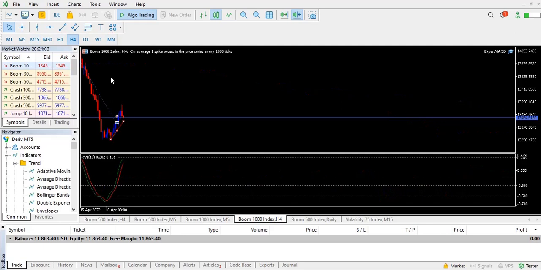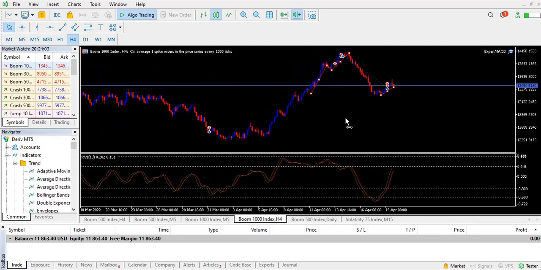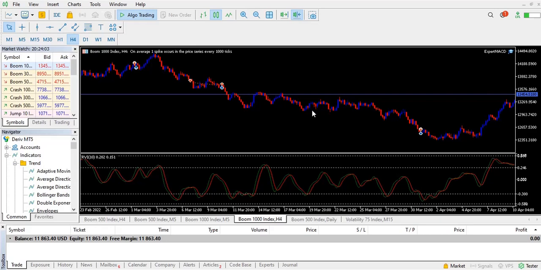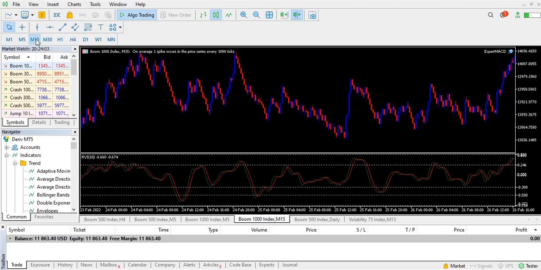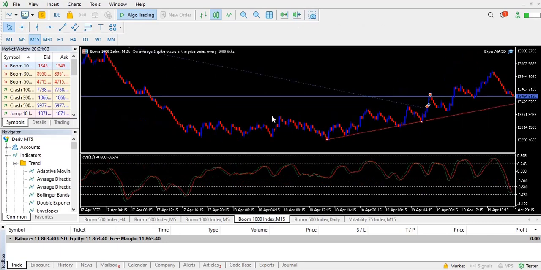But for those who want to catch spikes alone, it's better to use the lower time frame. If you really want to trade the trend with it, you go to a higher time frame, but you still have to work with your higher time frame to be sure of the trend.